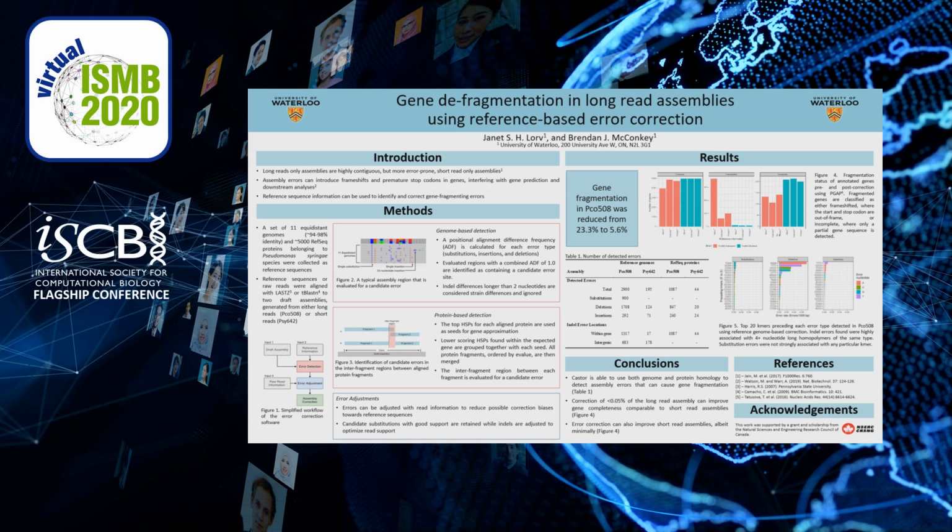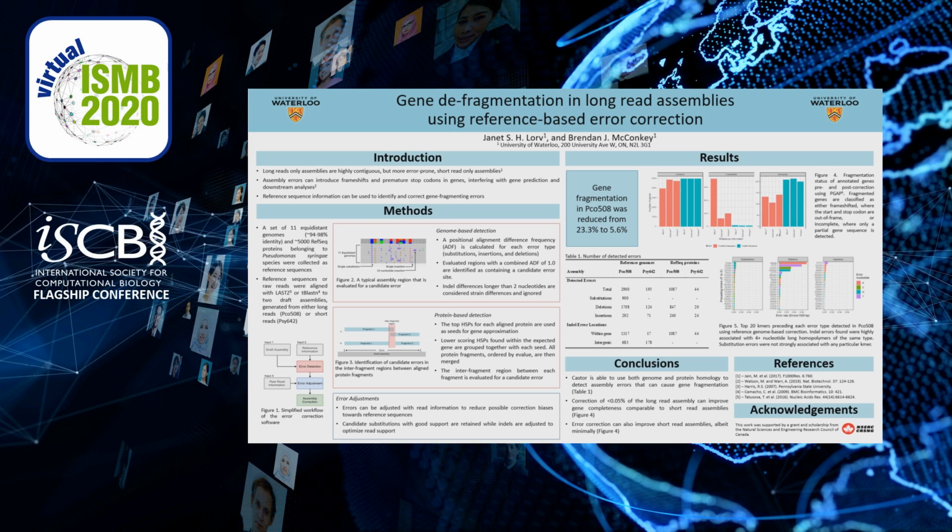After running the software on our 2 assemblies, we were able to detect less than 3,000 errors, meaning that we are correcting less than 0.05% of each assembly. If you look at Table 1, with both detection methods, we were able to find substantially more errors in the long-read assemblies compared to the short-read equivalent. However, there are still some potential errors that were found in the Illumina assembly.